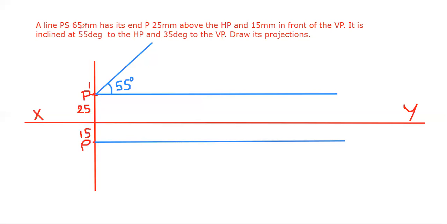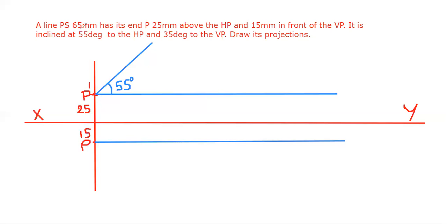And when the front view length is 65 millimeter, or the top view length is 65 millimeter, or the elevation length is so and so, the plan length is so and so, that is not a true length.